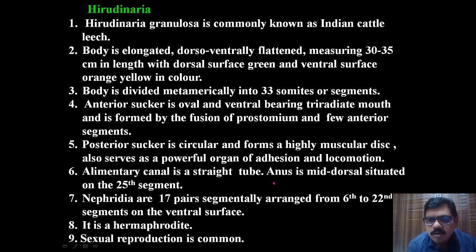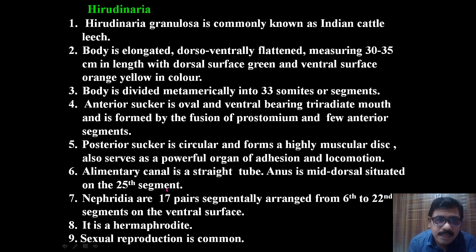Anus is mid-dorsal, situated on the 25th segment. Nephridia are 17 pairs, which are segmentally arranged from the 6th to 22nd segment on the ventral surface. This leech has both the sex organs in a single animal, so it is hermaphrodite, and sexual reproduction in Hirudinaria or leech is very common.